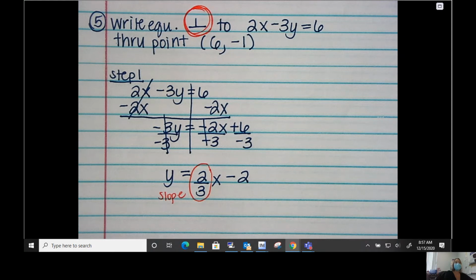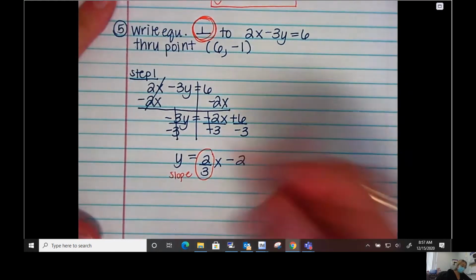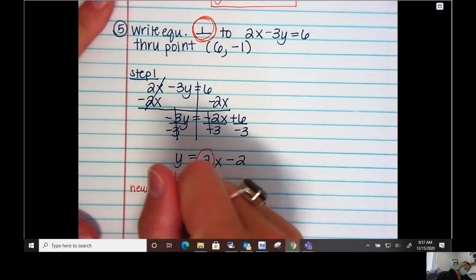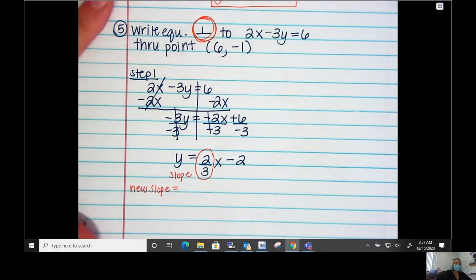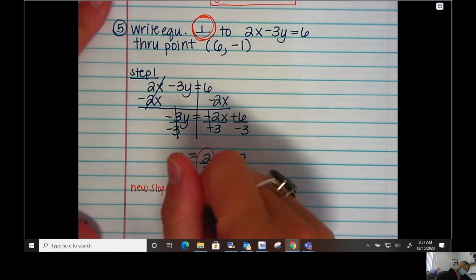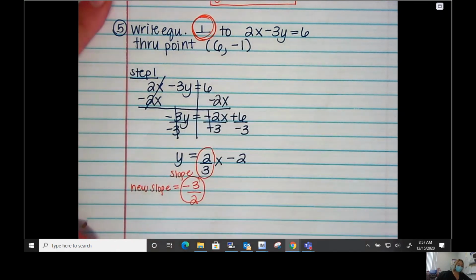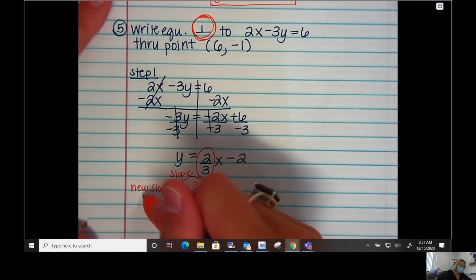It has to be the opposite reciprocal slope. So when you write your equation, instead of 2/3, what's the number you're going to use? Negative 3 over 2. Good. That is your new slope. That's your m value.